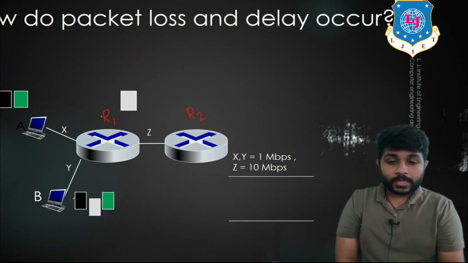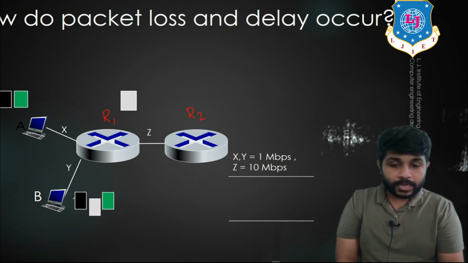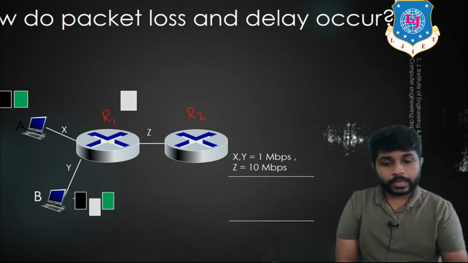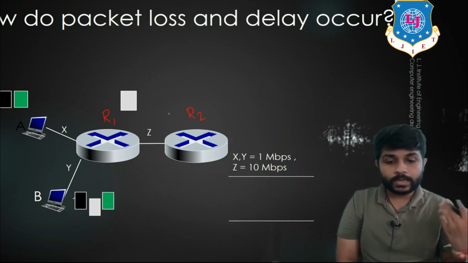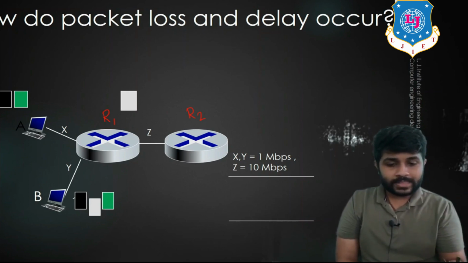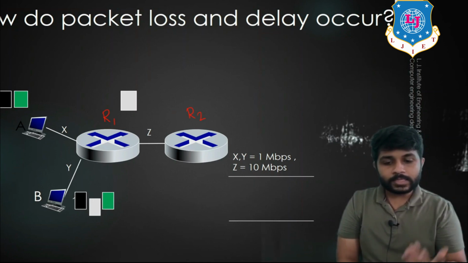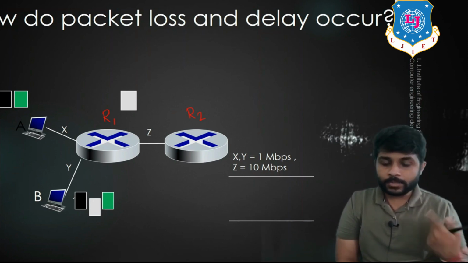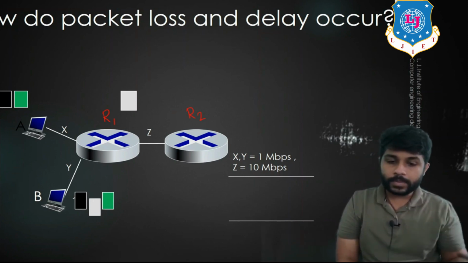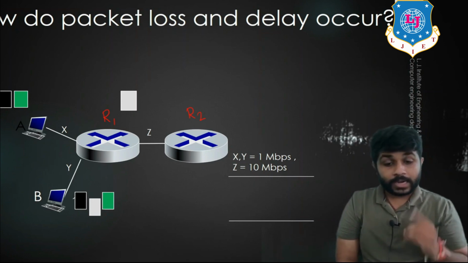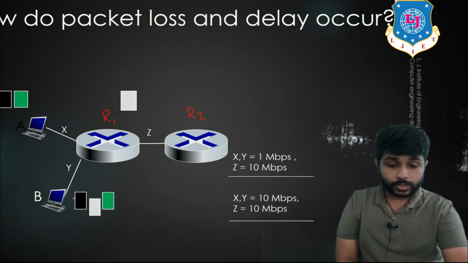In that case, router R1 is receiving data at a very low rate and forwarding data to R2 at a very high rate. So in the first case, there will be no problem. R1 can easily receive the packet, process it, and forward it to the next router.